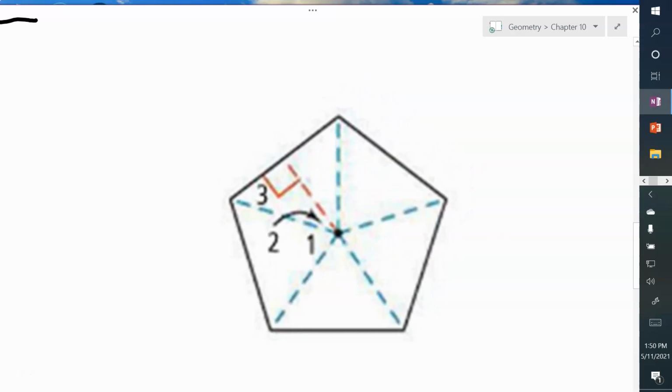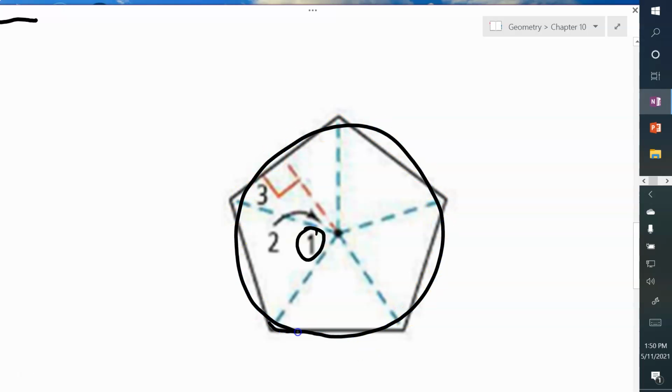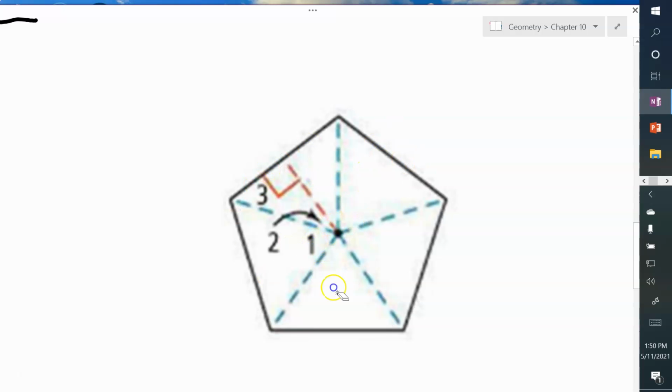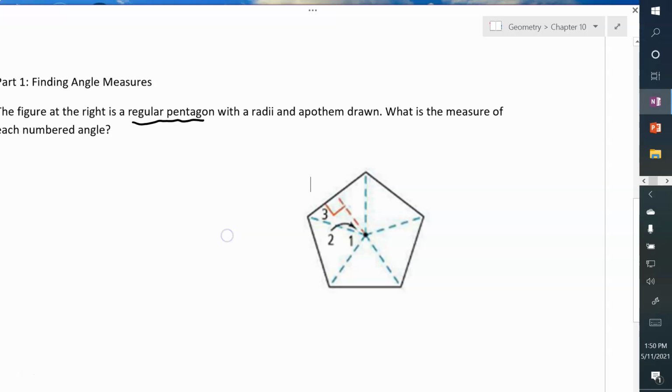To get the measure of angle 1, remember we could put a circle around here, and a circle is 360 degrees. So the measure of angle 1, and since these are all the same, is going to be 360 divided by 5. So let's go ahead and do that one.